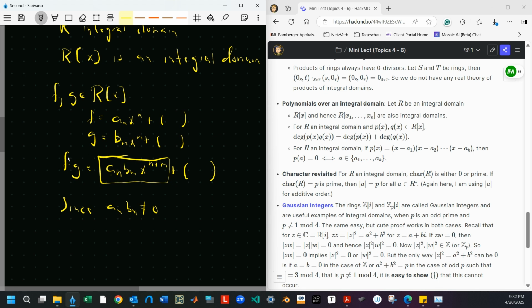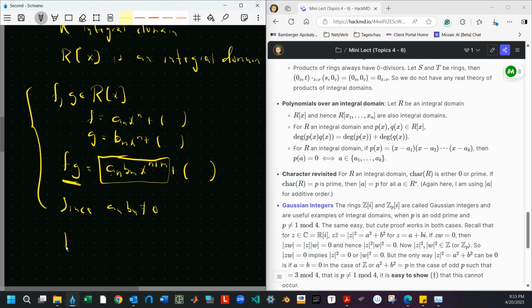And so, in fact, we know the degree of f times g is the degree of f plus the degree of g, which is something that failed in general earlier. So in particular, these can't be zero divisors. These two things cannot give me 0 as a product. By the way, 0 here means the zero polynomial. Good.